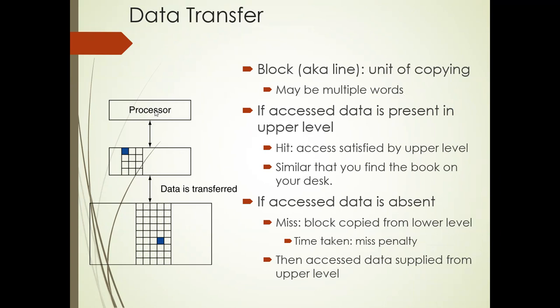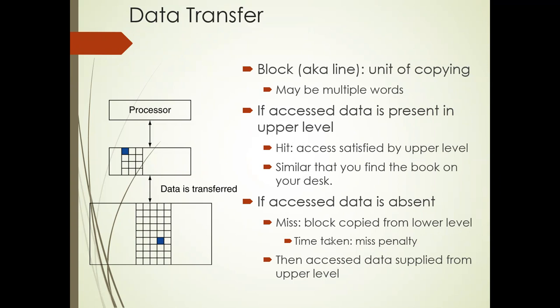So if the processor accesses the data and the data is in the cache, then it will generate a hit. Else, it will have a miss. So if the data is not in the cache, then there is a miss penalty, because you need to copy the data from the main memory into the cache. If the data is not in the main memory, then you create another miss, and then you need to copy the data from the virtual memory into the main memory, into the RAM, and this will also create additional penalties.